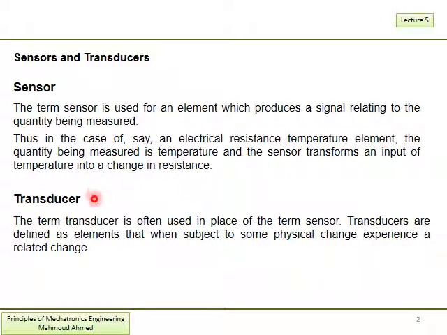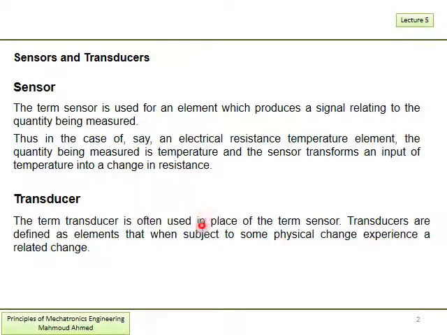So the next definition is a transducer. The transducer can often be used in place of the term sensor, but a transducer has a more global meaning.